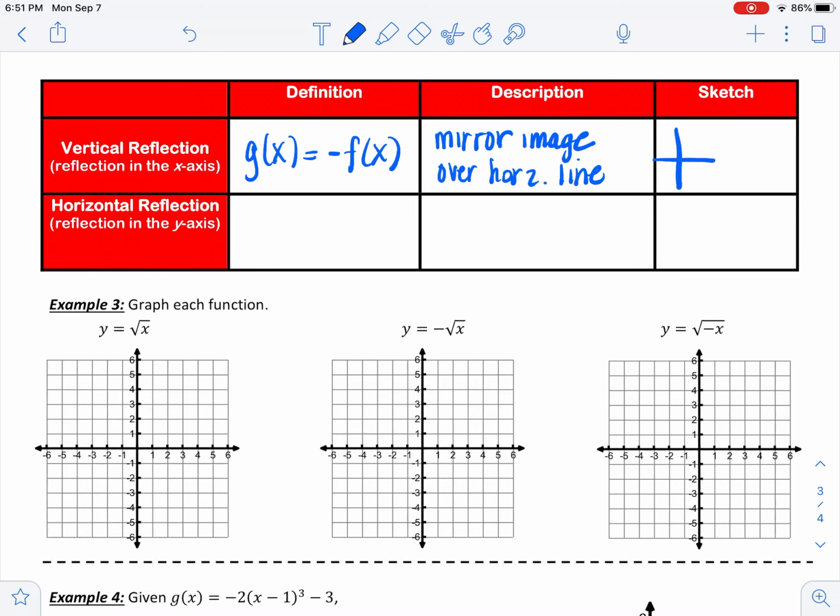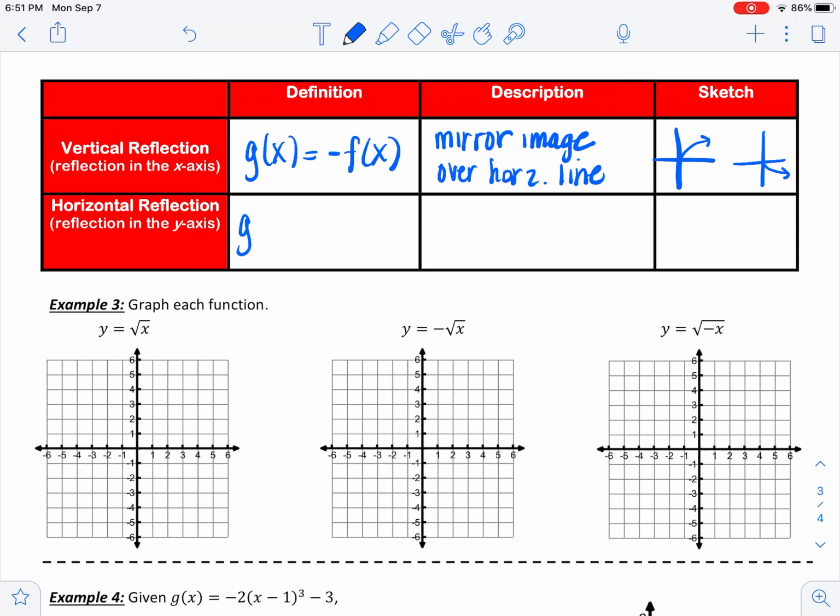So I'm going to use the square root function as my parent right here. Okay, so if I wanted to reflect that vertically, I would be reflecting it over a horizontal line, and it would look like that. It kind of looks like it moved down, which it didn't. So there we go. Okay.